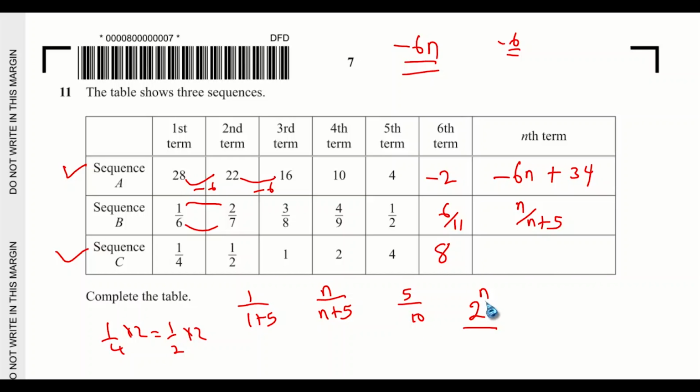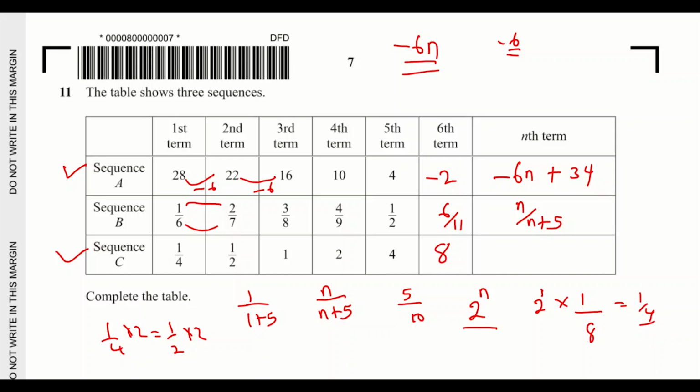So let's check if this is enough to be our nth term. When n is equal to 1, you get 2 to the power of 1, whereas we should get 1 over 4. So that means we need to multiply by something. It will be 1 over 8, because when you multiply by 1 over 8, this will give us 1 over 4.